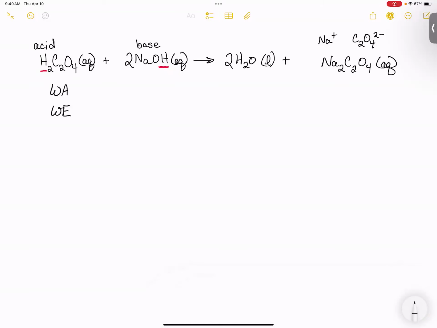How did I know oxalic acid was a weak acid? Anyone? It's not one of the strong acids. There are only 6 strong acids, folks. If it's not one of those, it's weak.